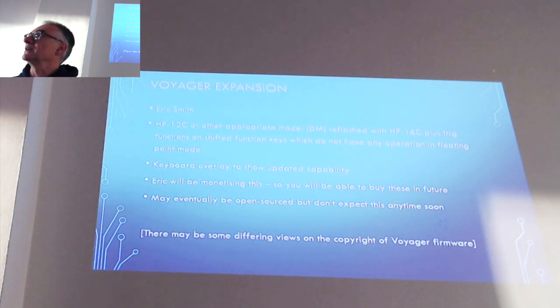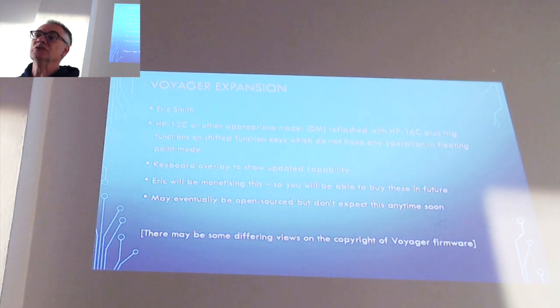They don't do anything in floating point mode. So in floating point mode, there's actually space on the keyboard to add log and trig functions, which is quite interesting. So conceivably, we could even have a 16C CE with an Easter egg of additional log and trig functions from the 15 that are usable when it's in floating point mode, which would be interesting.